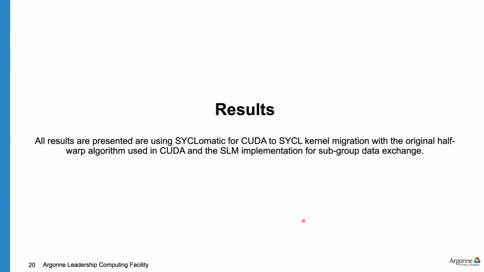So I'll talk about some results now. The results I'm going to mention use just SYCLomatic for the CUDA to SYCL kernel migration with the original half-warp algorithm, and the SLM implementation.